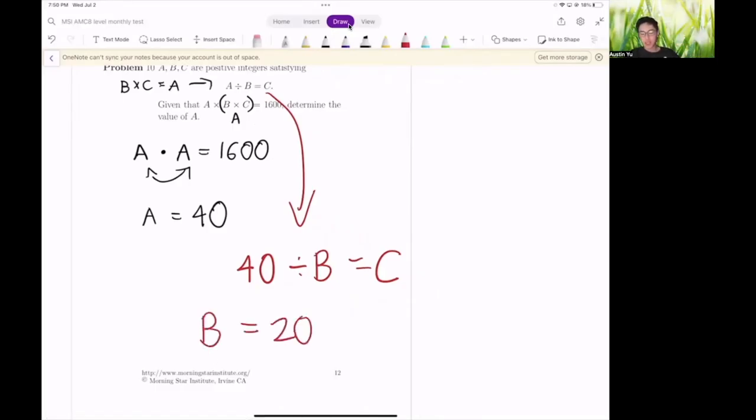B is 20, C is 2. This is logical, right? 40 divided by 20 equals 2. And when we multiply 40 times 20 times 2, that gives us 1600.